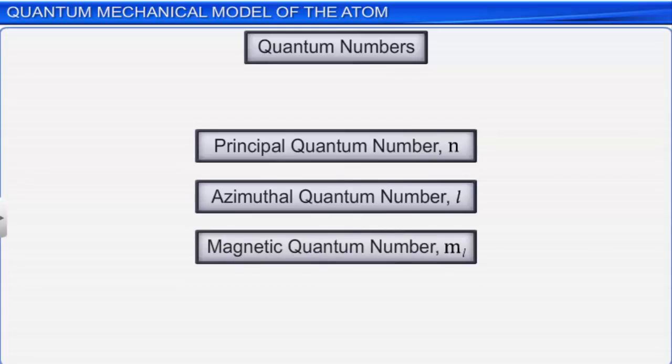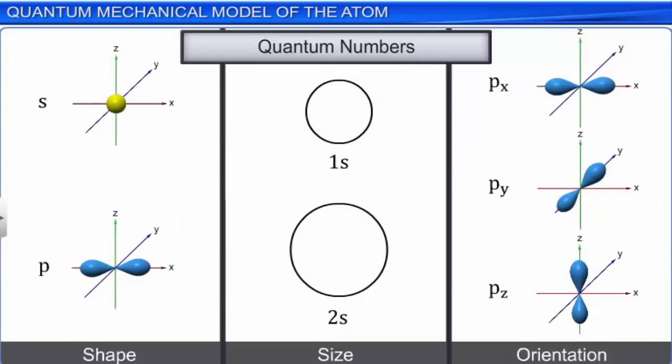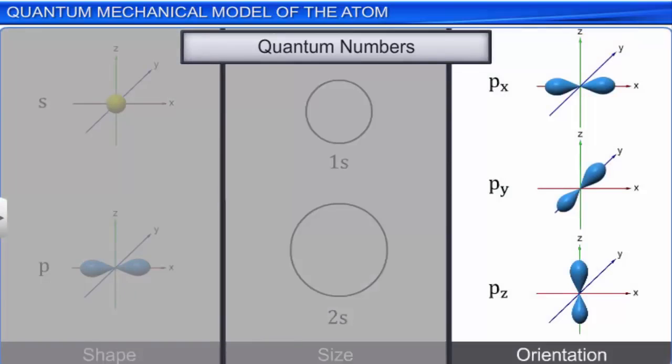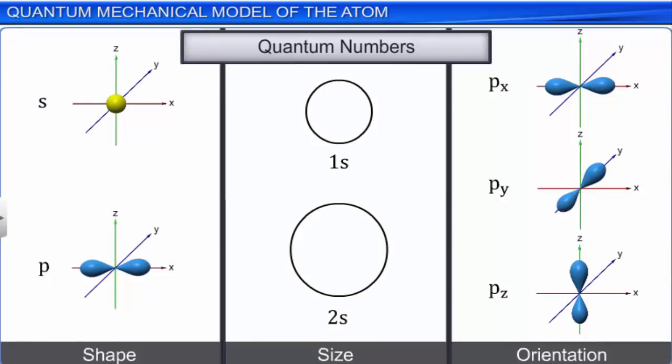An atomic orbital of an atom is characterized by these 3 set of quantum numbers. Orbitals are distinguished from each other on the basis of shape, size, and orientation. The probability of finding an electron depends on these 3 distinguishing characteristics.